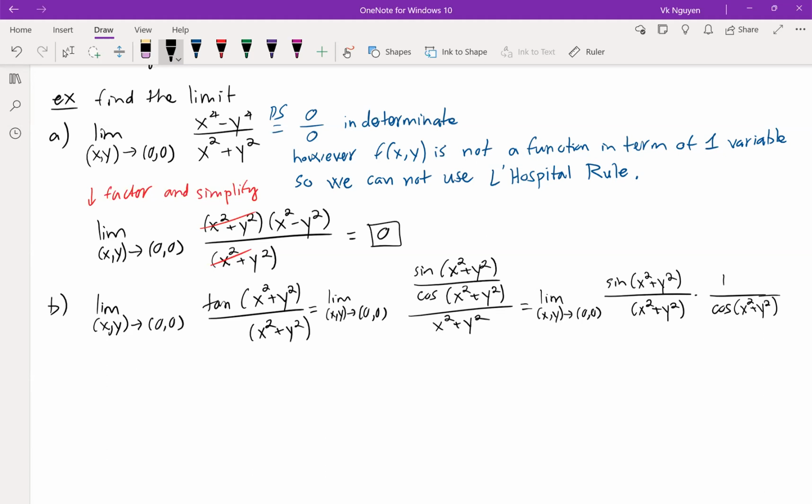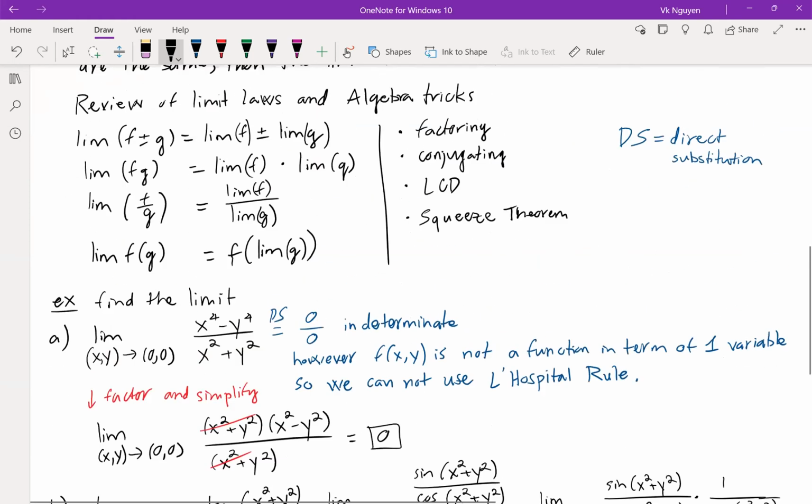Any questions, guys? If you guys have questions, let me know. Once you do this one, you're just gonna use the limit law. So that is why I have the limit law up here.